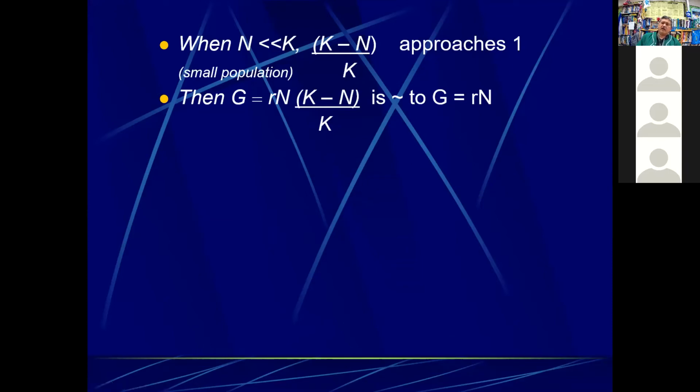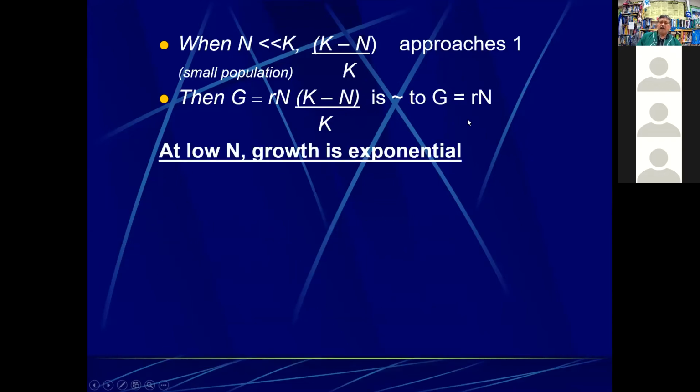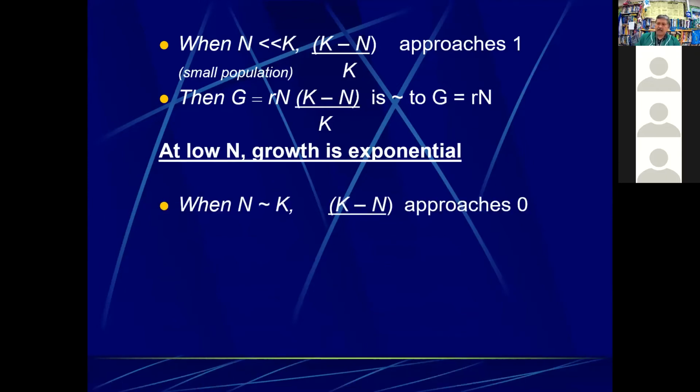So if this right here is the number 1, then your formula now changes to G equals R times N times 1, which is what we saw at the very beginning, which is known as J-shaped growth. All right, so what we know is at low N, growth is exponential, growth is J-shaped.